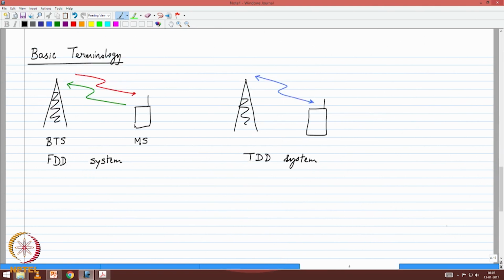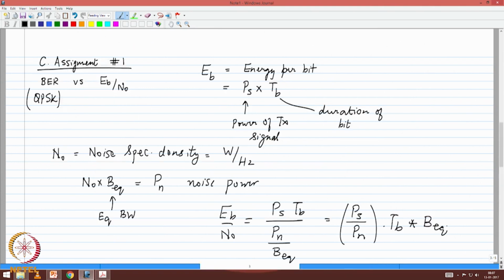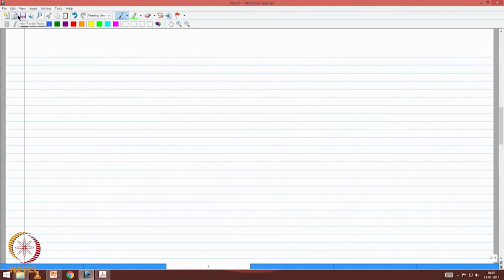Okay. So, I would now like to give you a property of the square root raised cosine filter, which is useful for us to keep in mind, and that would be the understanding that the equivalent bandwidth of a square root raised cosine is approximately 1 over Ts, or the symbol rate.